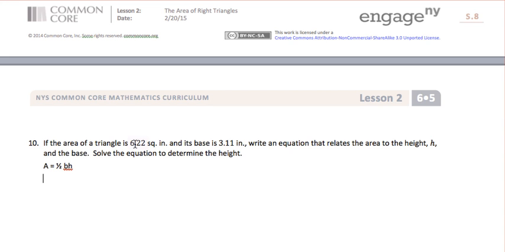The area we have as 6 22/100. And remember, this will be 1/2 times base, which is 3 11/100, times the height, which is the part that we're looking for.